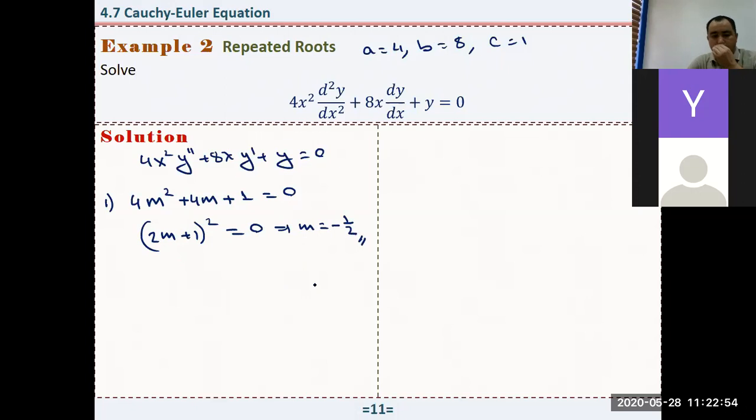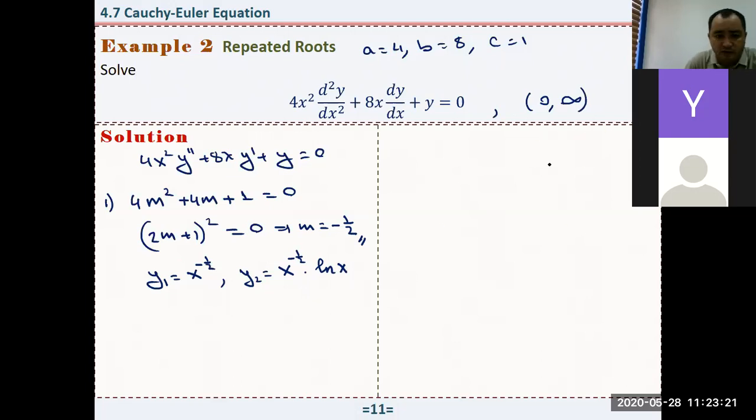Right? So now we know that when it is so, the first solution will be x to the power −1/2, m₁. And how about the second solution? The second solution will be x to the power −1/2 times natural logarithm of x. Again, we are solving this on this interval.